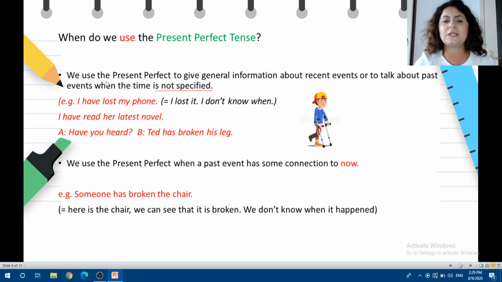So we use the present perfect to give general information about recent events or to talk about past events when the time is not specified. Other examples are I have lost my phone. I lost it. I don't know when exactly. Or I have read her latest novel.